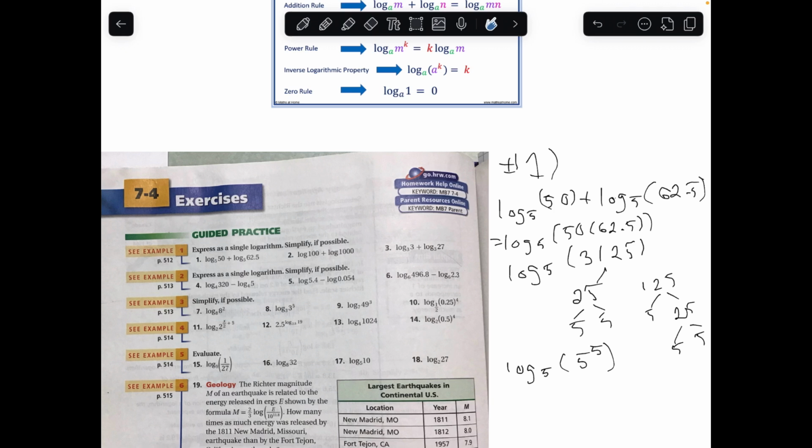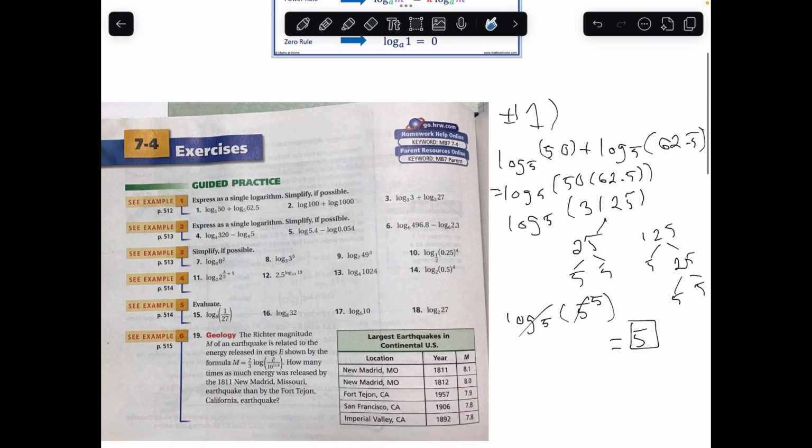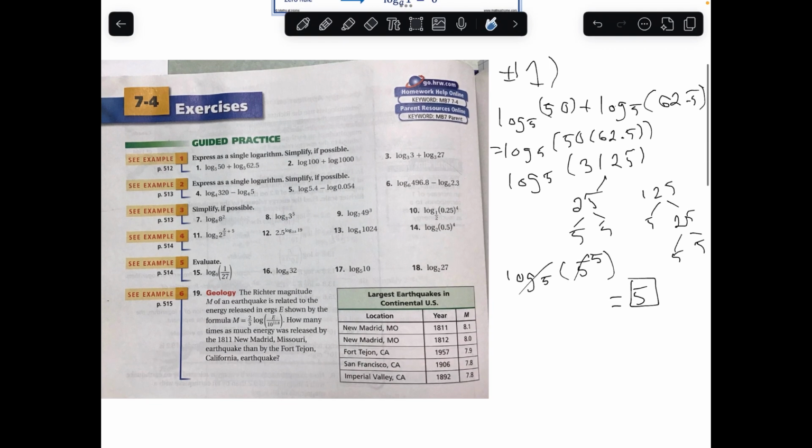Oh, that's a mouthful. So in this case, the log base 5 and the base 5 cancel out, and now all I'm left with is just 5. So, believe it or not, everything written down there for 1 is just 5, which is kind of nice. Nice and simple. Well, maybe not simple, but the answer is simple.